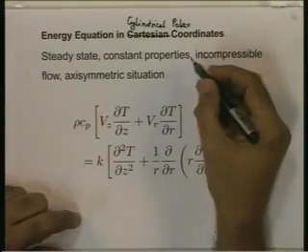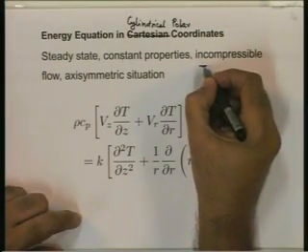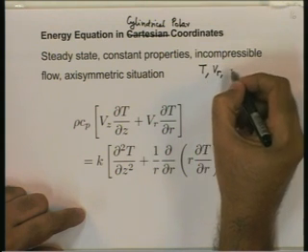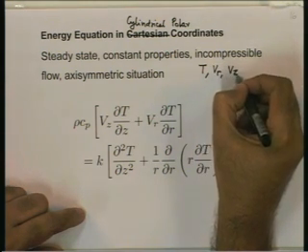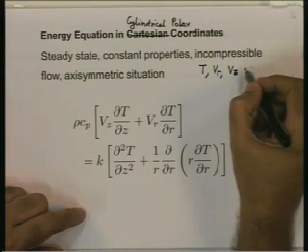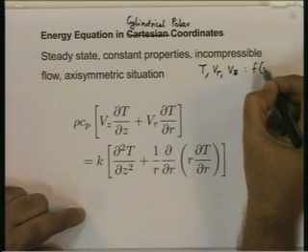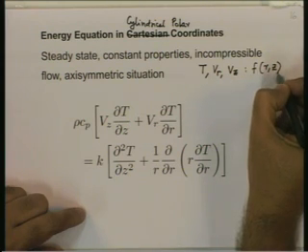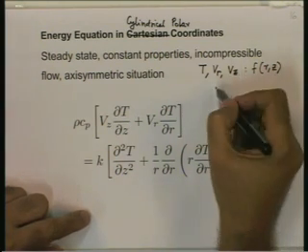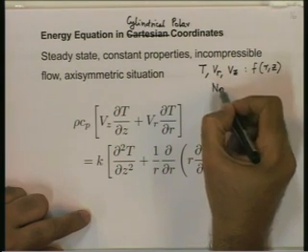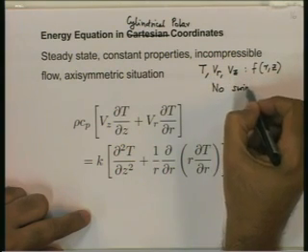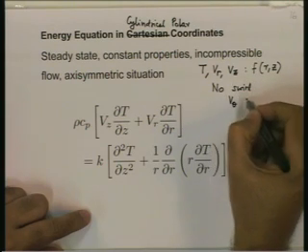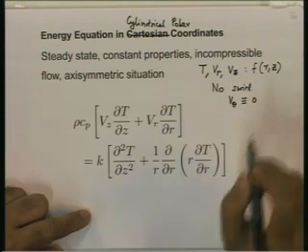It also assumes that temperature, Vr and Vz are functions of only the radius and the axial coordinate z, and there is no swirl, and that means V theta is 0 everywhere.